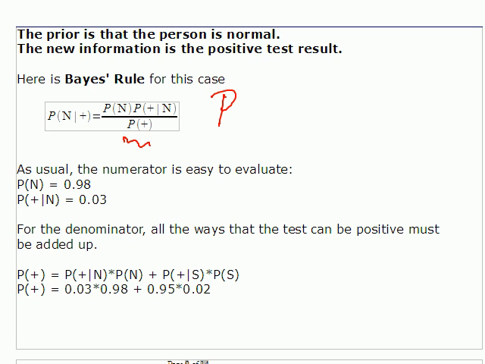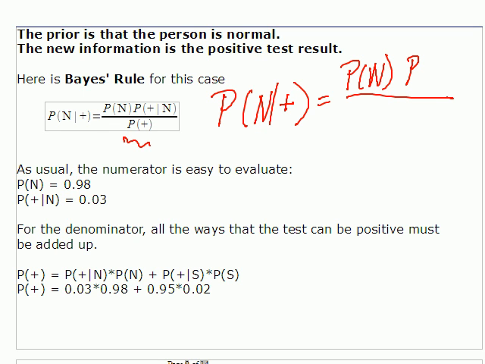So I'm going to write out Bayes' rule for this case. Probability that the person is normal given a positive test result is the probability that the person was normal times the probability that a normal person would have a positive test result divided by the probability I would have gotten a positive anyway.